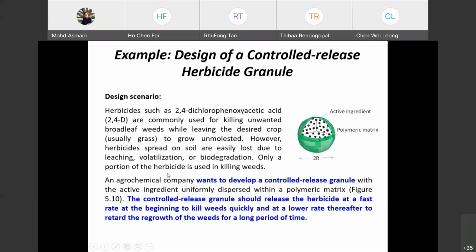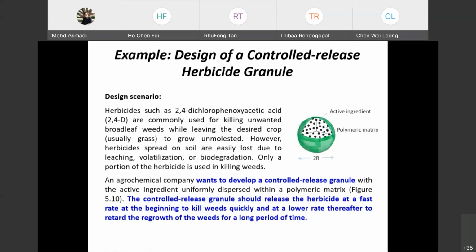Only some of the herbicide is used to kill weeds. So a company wants to develop controlled release granules. The phenomenon is that the active ingredient can disperse within the polymeric matrix, so we can release herbicide at a very fast rate at the beginning, and after that at a lower rate, so we can use it for a long period of time.